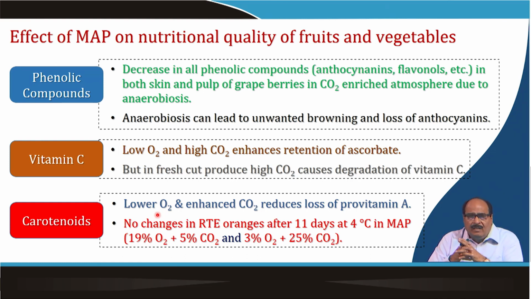It was particularly observed that low oxygen and high carbon dioxide enhance retention of ascorbates, but in fresh-cut produce high carbon dioxide causes degradation of vitamin C. Lower oxygen and enhanced carbon dioxide reduce losses of provitamin A. However, no change was observed in RTE oranges after 11 days storage at 4 degrees Celsius in modified atmosphere packages.